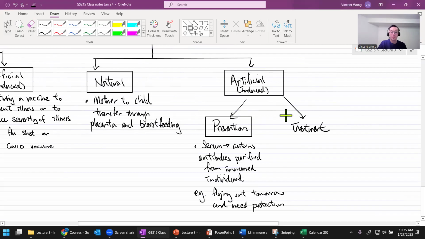This can also be used as a treatment. An example of this would be, let's say you work in a hospital setting, you're supposed to discard sharp needles and other sharp objects into a sharp waste bin, right? If an accident happens, if you give a shot to a patient who has hepatitis and then you accidentally jab yourself with the needle, then what happens?